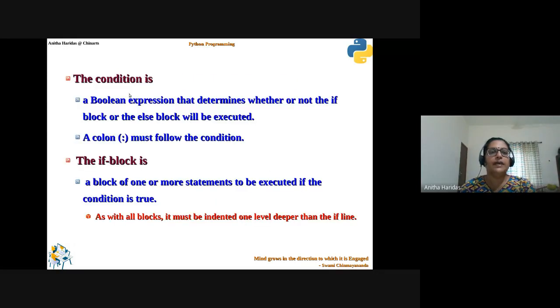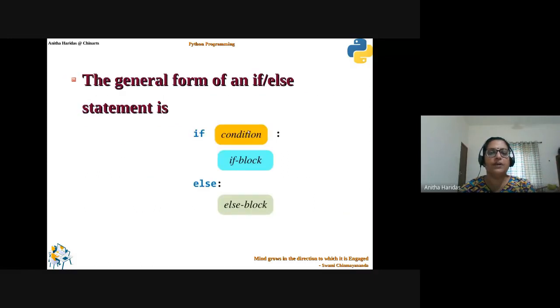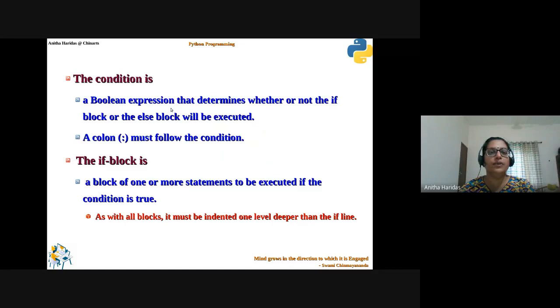So here the condition is any Boolean expression, right? What do you mean by this condition? It is a Boolean expression that determines whether the if block or the else block will be executed. And a colon must follow the condition, right? The if block is a block of one or more statements to be executed if the condition is true.